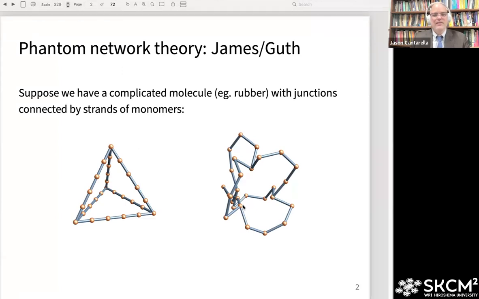So the setup here is that we have a complicated molecule, and originally the molecule of interest was rubber. And the model for rubber was that there were some junctions, and the junctions were connected by strands of monomers. So on the left, we see a sort of structural picture of this toy molecule.